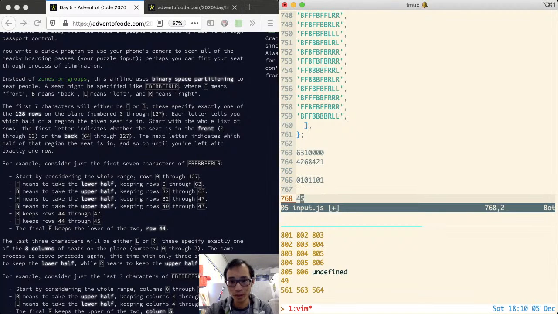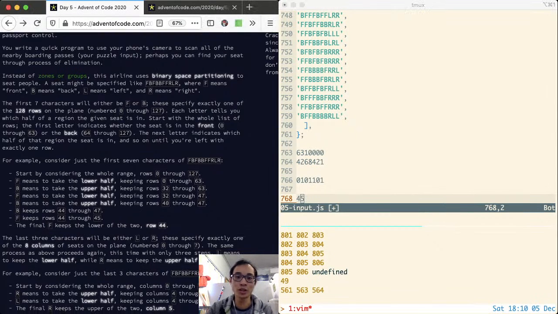So to get the row number for your seat, all you have to do is convert all the F's to zeros and the B's to ones, and you will have a valid binary number equivalent to following this formula, except you don't have to actually write that out. So that was the row.